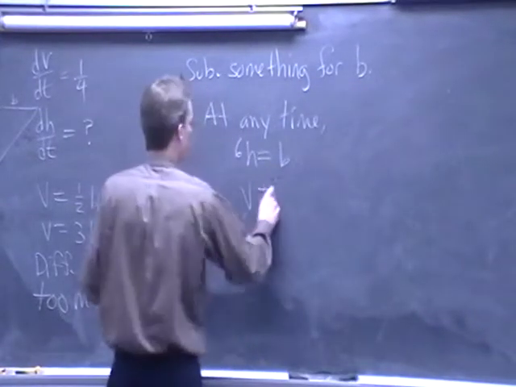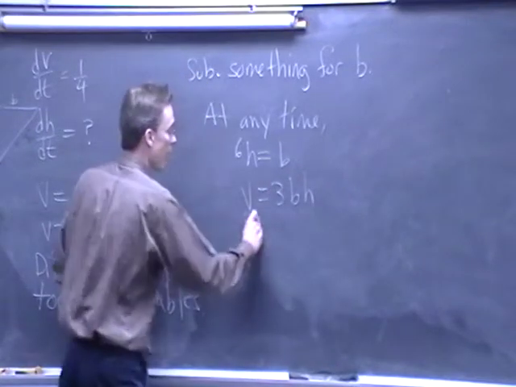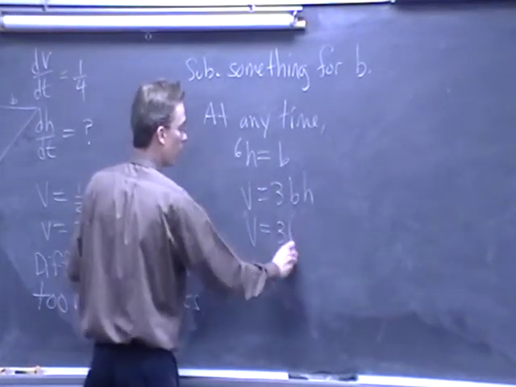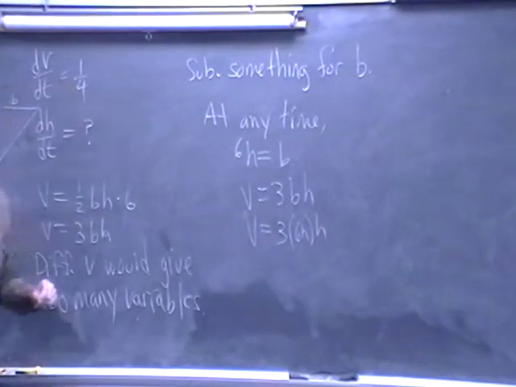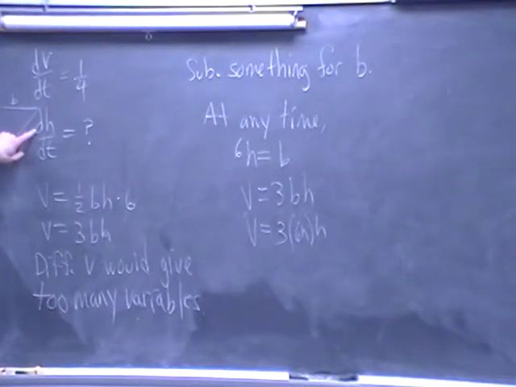So V used to say 3bh, now V is going to say 6h. Which is good, because when we differentiate, we'll still get our dH over dt. We want to preserve that, so we can actually answer the question.